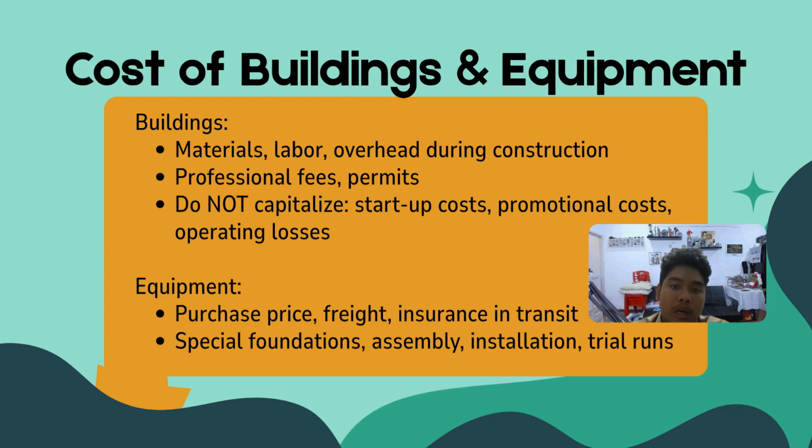And for equipment, capitalized costs include purchase price plus freight and insurance while in transit, special foundations, assembly, installation, and trial runs. The main rule is the same for both the building and the equipment. It includes all costs to get the asset ready to use, and expense anything else outside the costs needed to make the asset ready to use.